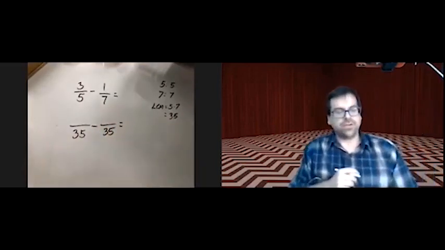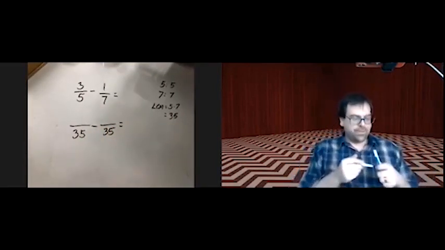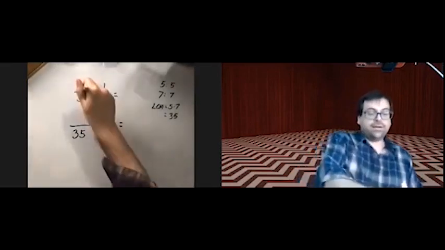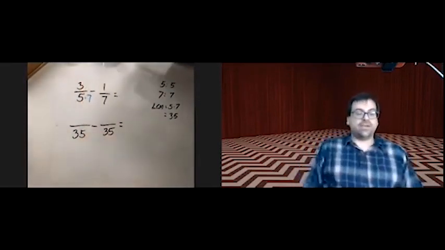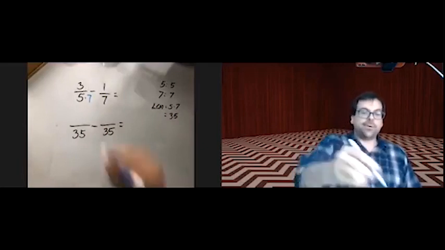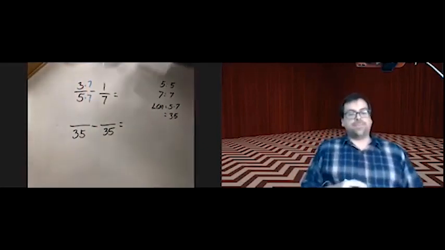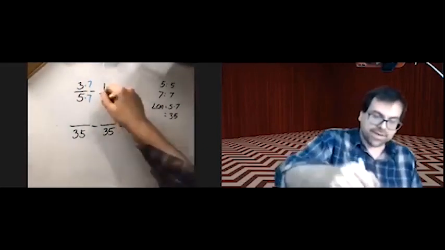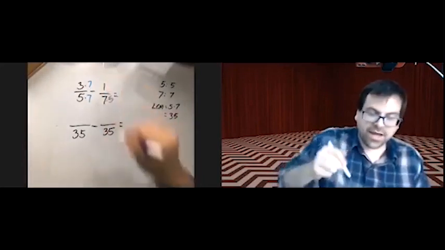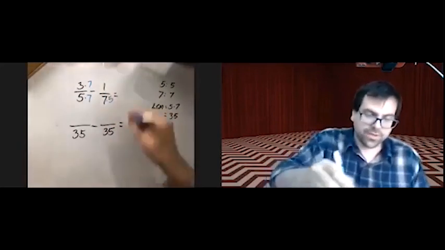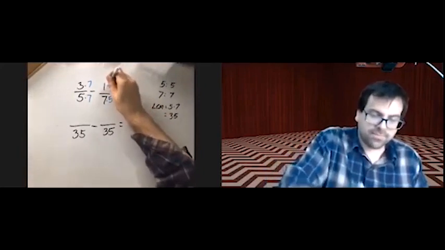Two fractions over 35. How do we get there? 5 times what is 35? Times 7. Whatever we do on the bottom, we do on the top. 7 times what is 35? 5. Whatever we do on the bottom, we do on the top.